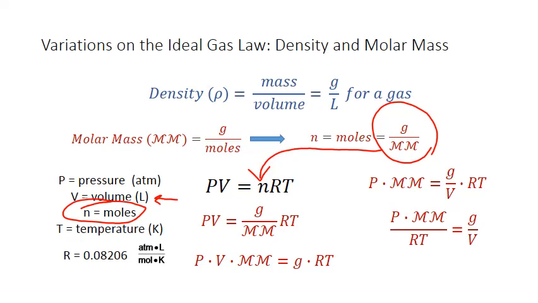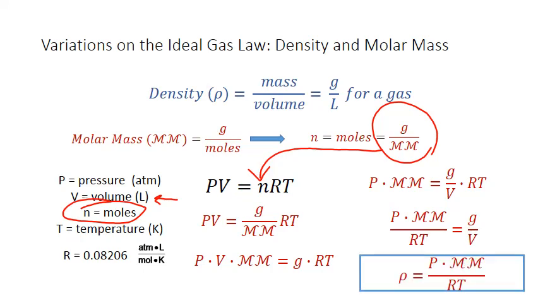And since I know that volume is in units of liters and grams per liter is the unit of gaseous density, I can substitute rho, the Greek symbol for density, into the formula, and I get density of a gas equals pressure times molar mass divided by R divided by T.